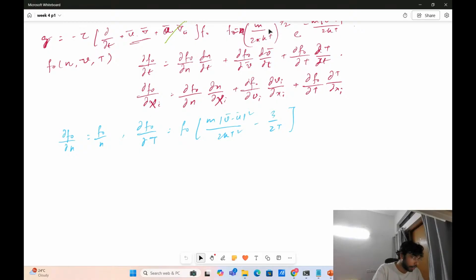And the last one, if we take del f naught by del vi, we will get f naught into m vi by kT. Now you simply put these values in this equation, and then you will get del f naught by del t and del f naught by del xi, and then you can calculate G.